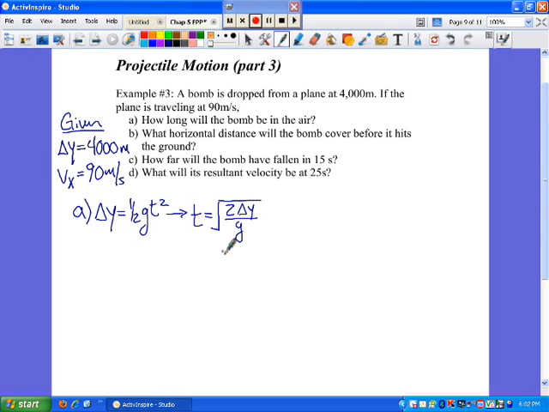Once we've substituted in all of our information, we end up with, in the top portion of our fraction, 2 times 4,000 meters divided by 10 meters per second squared in the denominator, all underneath the square root bracket.